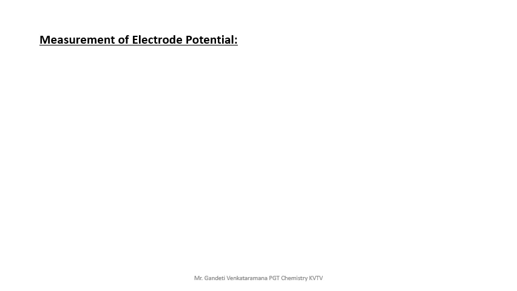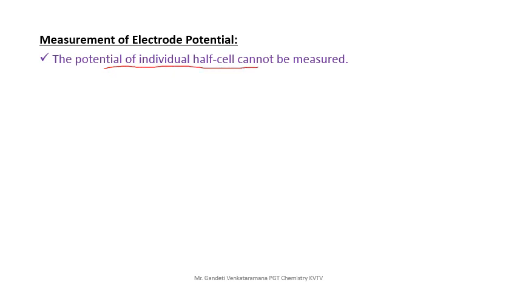Next, measurement of electrode potential. So how to measure electrode potential? The potential of an individual half cell cannot be measured. This point is important, students. Already we know a cell is a combination of two half cells.